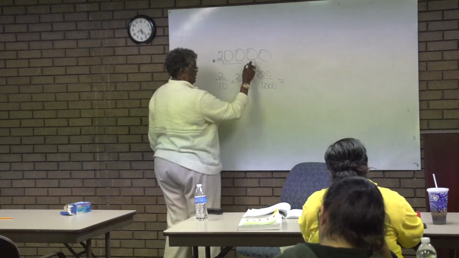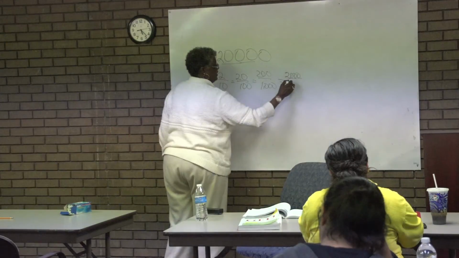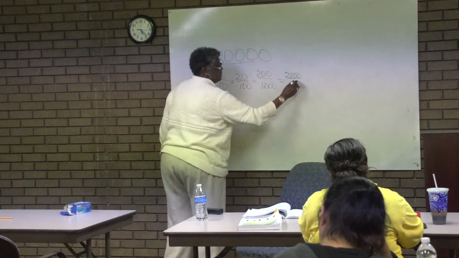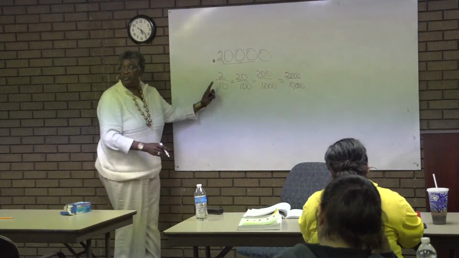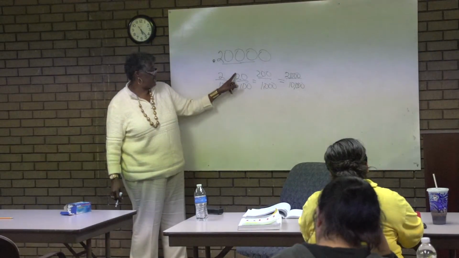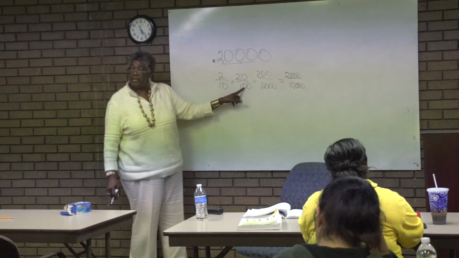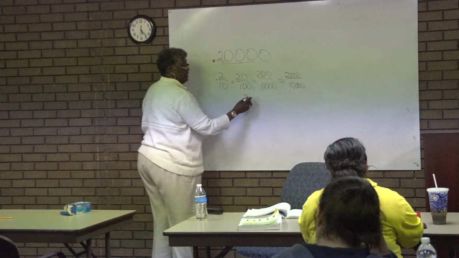Then you had 2,000 ten thousandths, which would still reduce back to 2 tenths, you see? So as long as you add a 0 up here and a 0 down here, it's still going to reduce to 2 tenths, because 10 will go into both 20 and 100, right? 10 will go into 20 2 times and into 100 10 times.